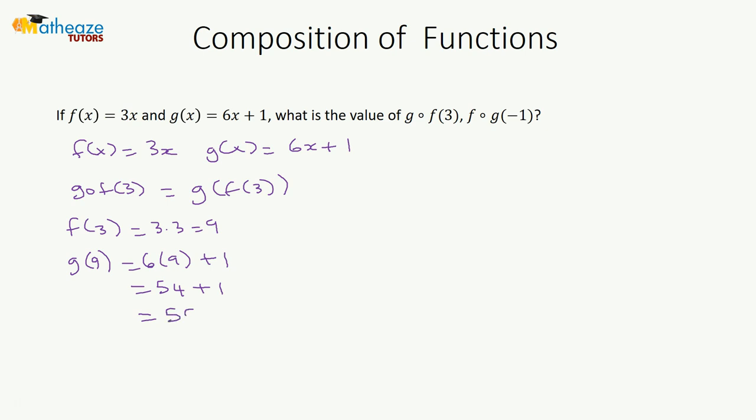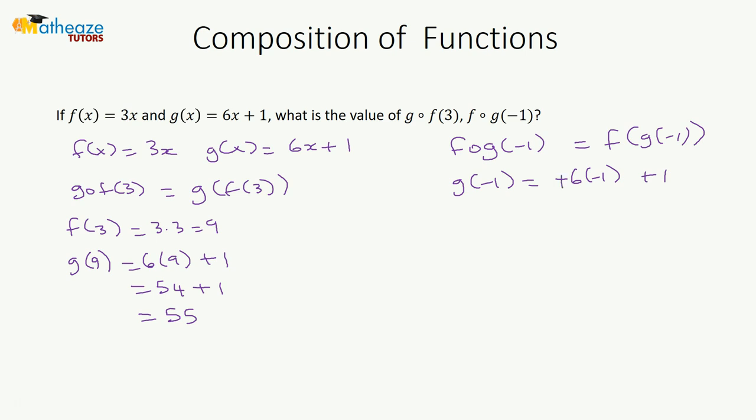which is going to give us 55. Now f o g of negative 1, so this is the same as f of g of negative 1. So we're going to find g of negative 1 first. g of negative 1 is negative 6 multiplied by negative 1 plus 1.